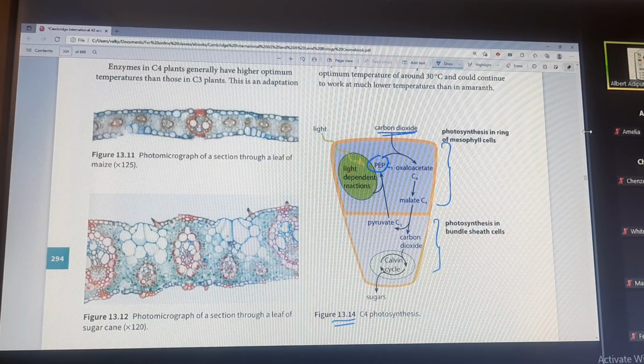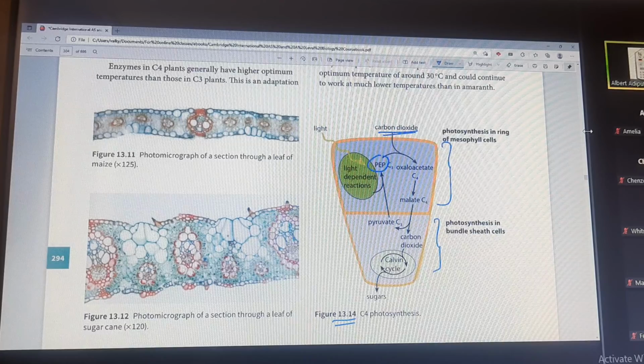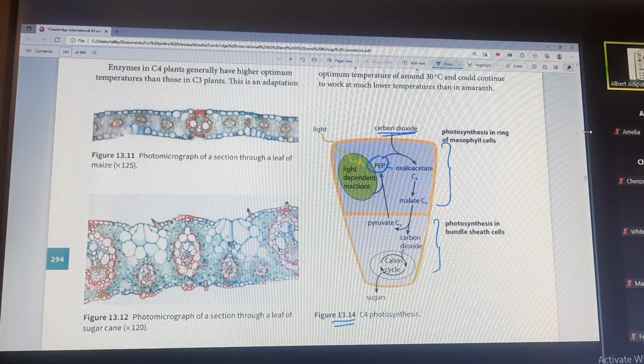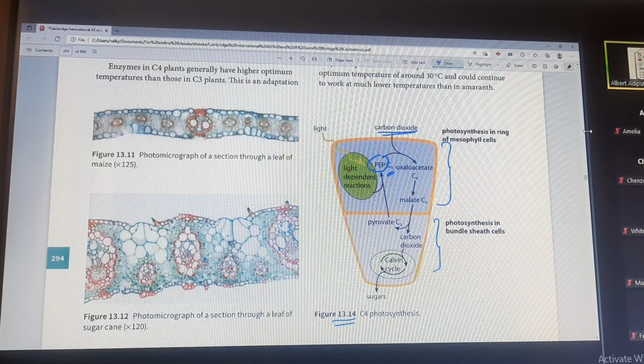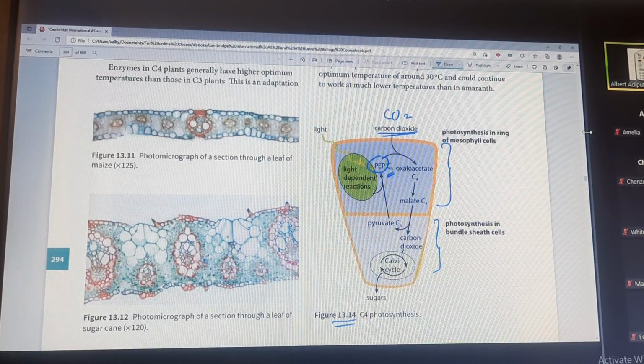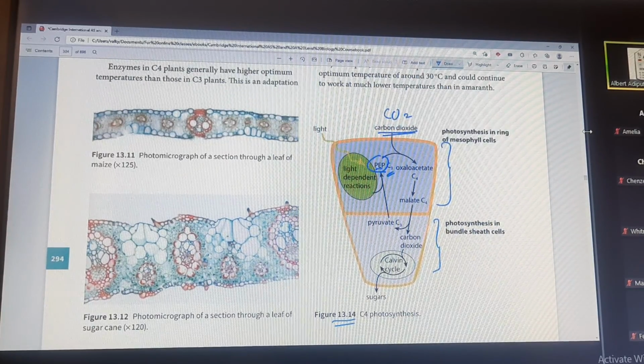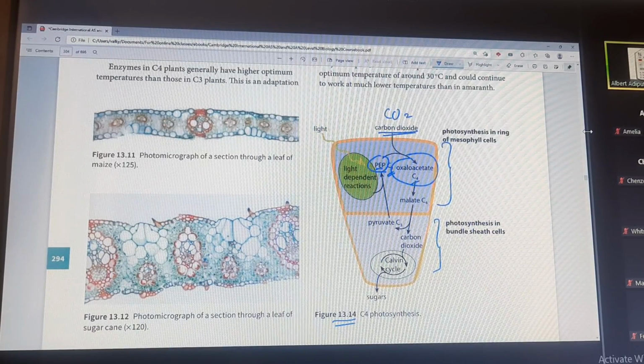Not RuBP, but PEP. The fixation is done by PEP. PEP has 3 carbon atoms, CO2 has 1 carbon atom. After the joining of C3 PEP with CO2, it produces oxaloacetate. It has 4 carbon atoms.